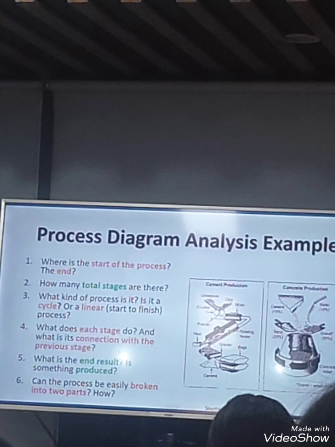Now, when you describe the stages, each stage must show connection to one another. What do I mean? During the crusher stage, you should not describe it like it is independent. It should be dependent on the other stages. You cannot say, in the crusher stage, limestone and clay are crushed together.